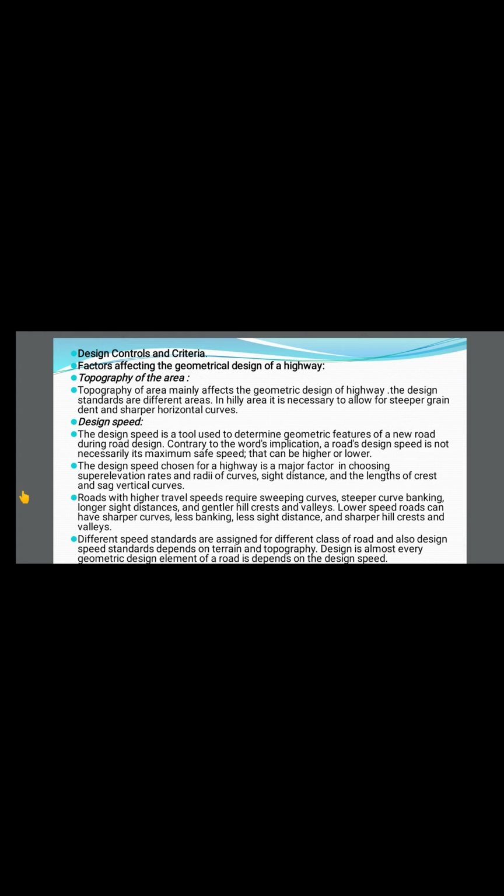Different speed standards are assigned for different classes of the road, and also design speed standards depend on terrain and topography. Almost every geometric design element of the road depends on the design speed. The road which we are going to consider for a design speed has a standard design speed with different classes of the road.